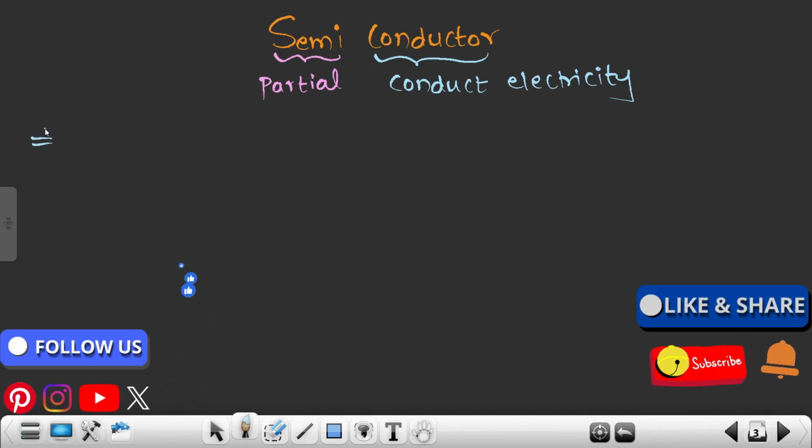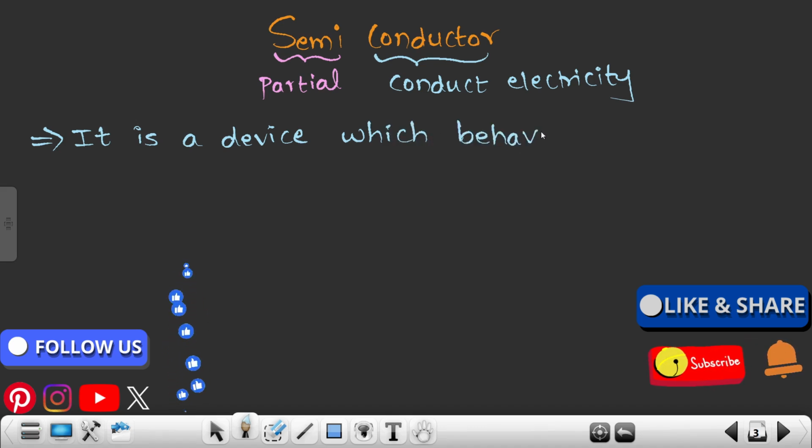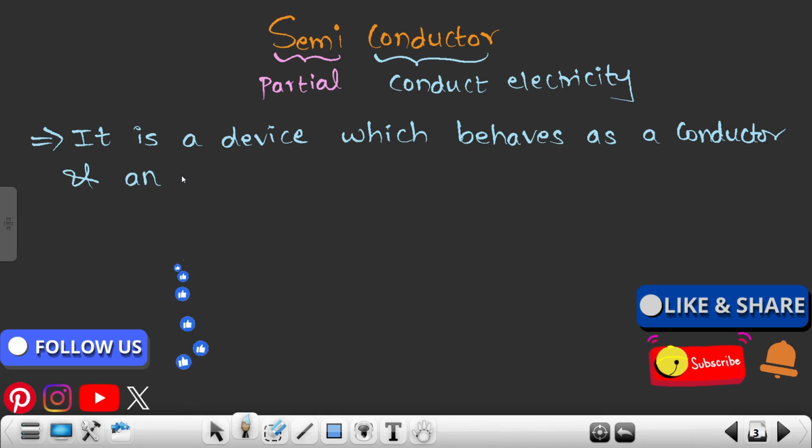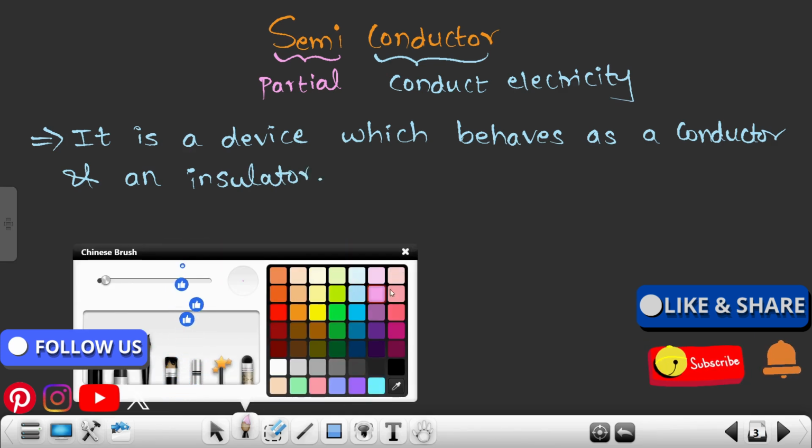The very first point that I can guess is: a semiconductor is a device which behaves as a conductor and an insulator.